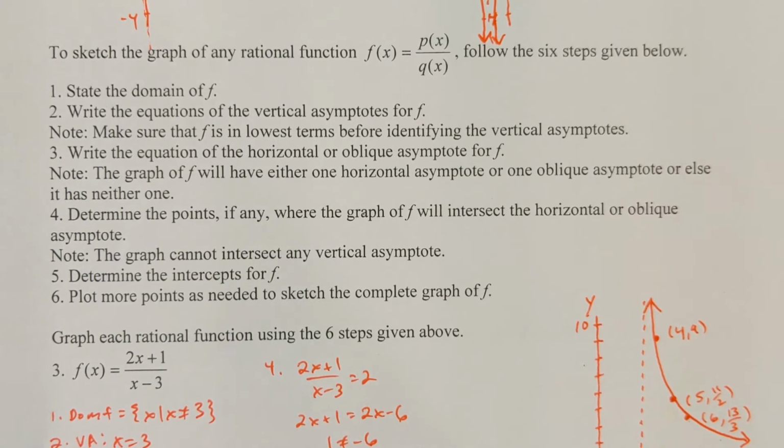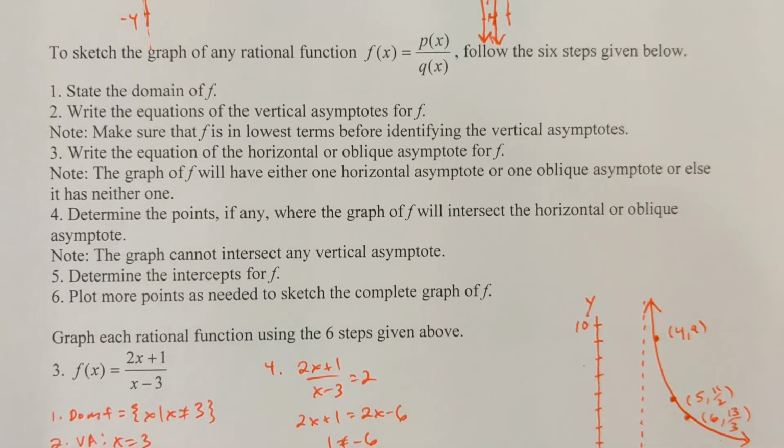I think at this point I should be more clear on the idea of an asymptote. I said earlier that an asymptote is a boundary where the graph approaches, but it's never going to get there. That's not really completely true. A graph can cross an asymptote. That will sometimes happen.